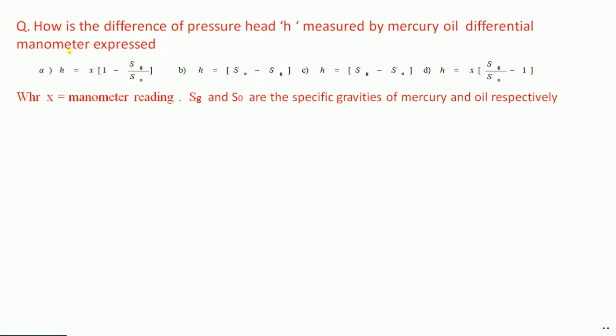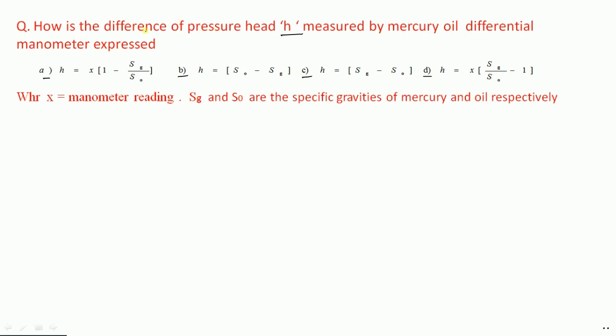How is the difference of pressure head H measured by mercury oil differential manometer? We have four options here: A, B, C and D, where X is the manometer reading, Sg and So are the specific gravities of mercury and oil respectively.